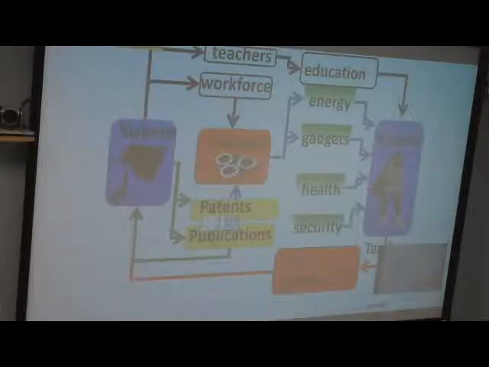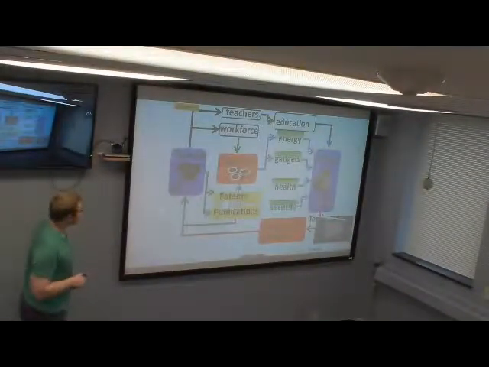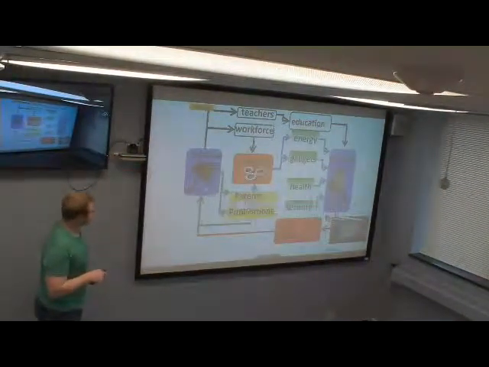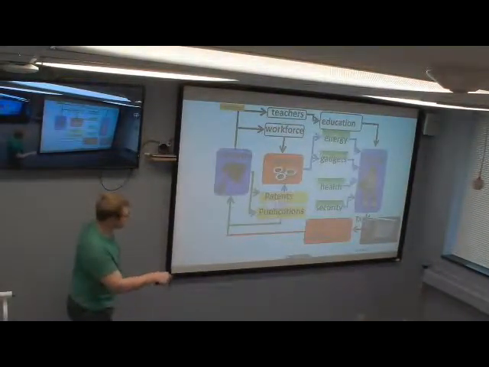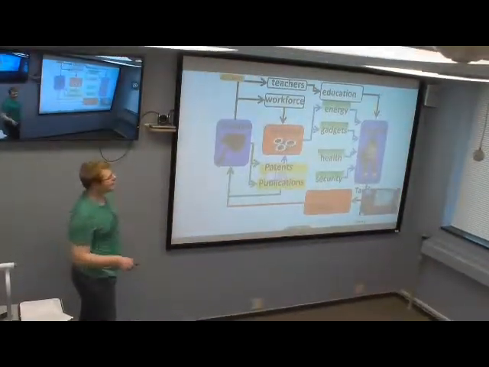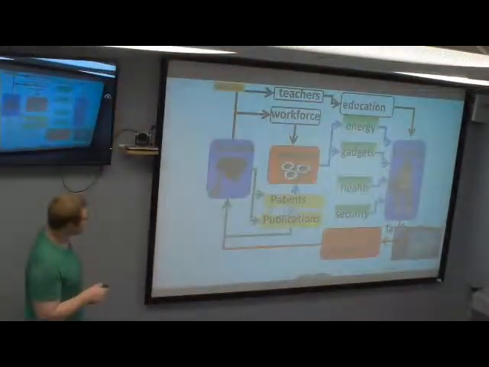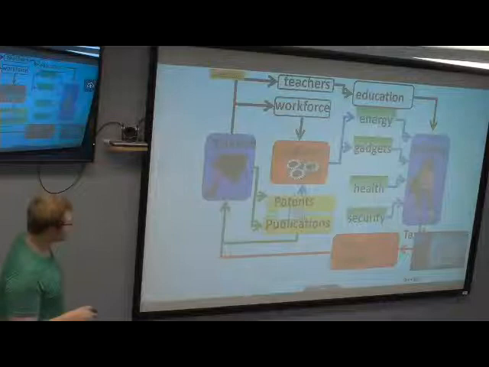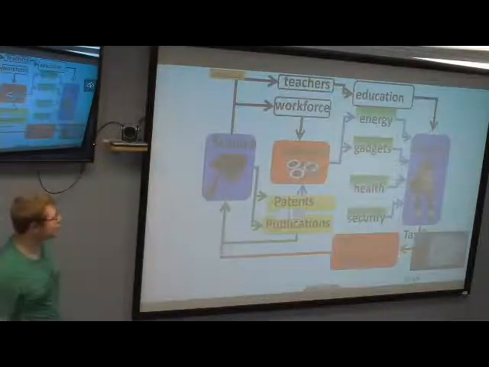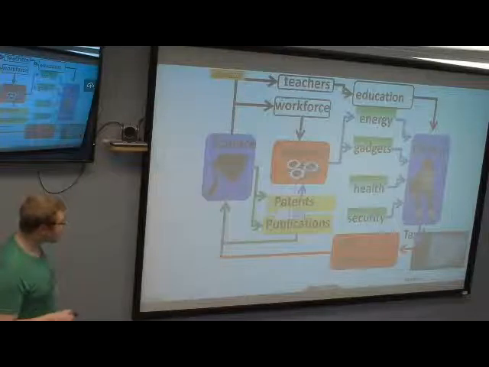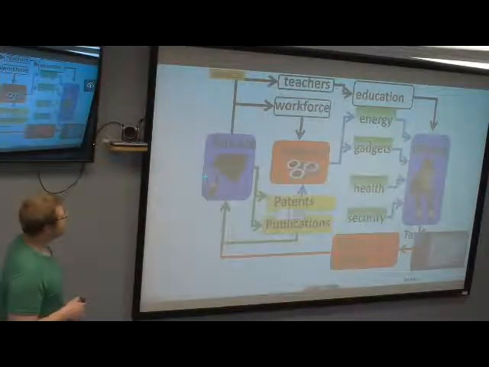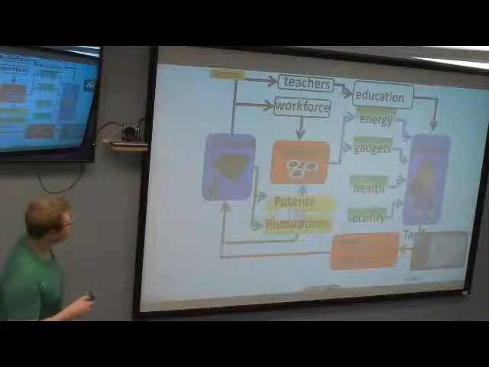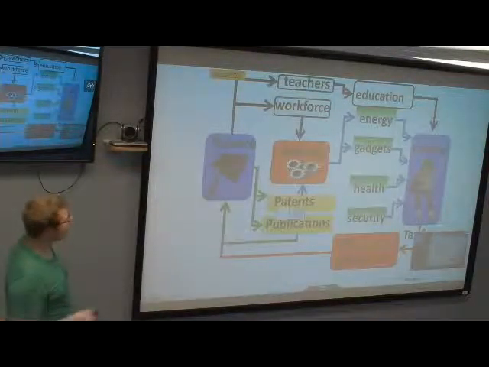So this just kind of explains the relationships of various pieces in science and how science eventually goes to help citizens, which then fund science. Science can lead to things like patents and publications, which help promote industry, and can also produce teachers and a workforce.